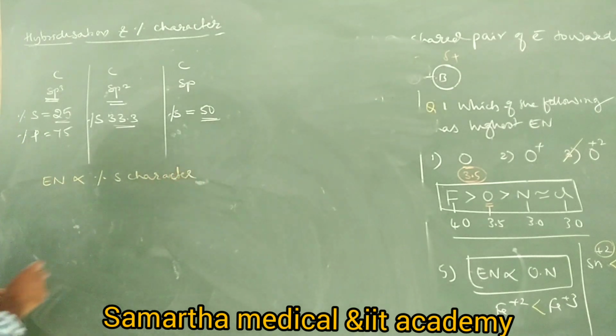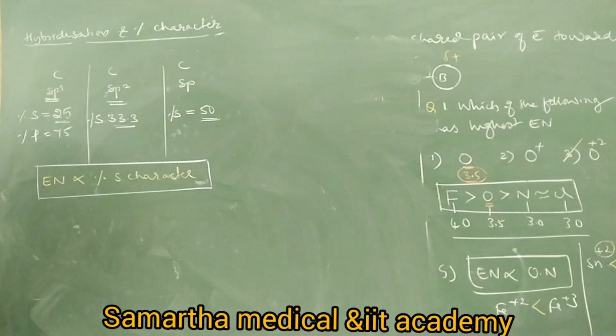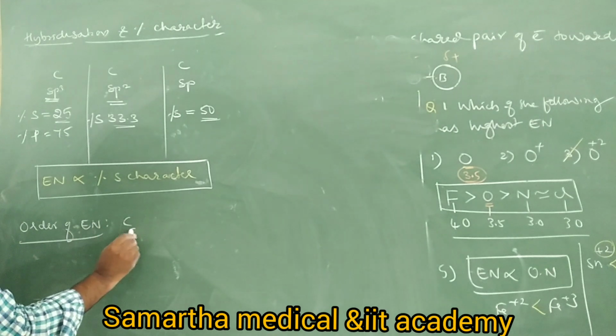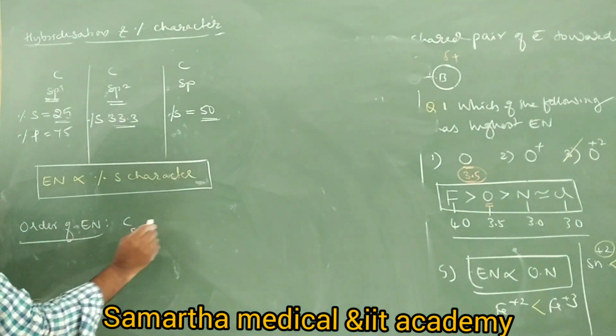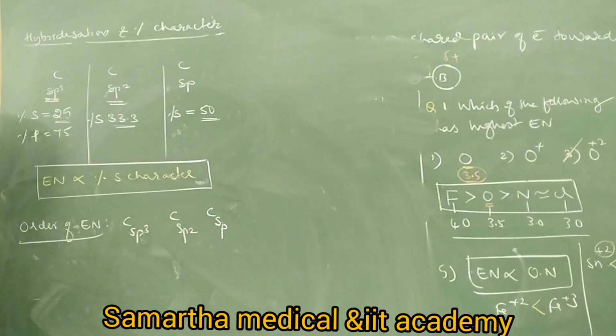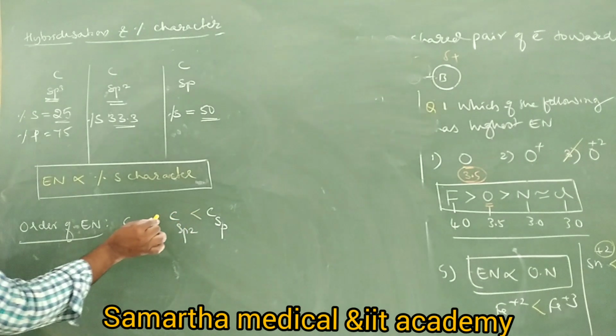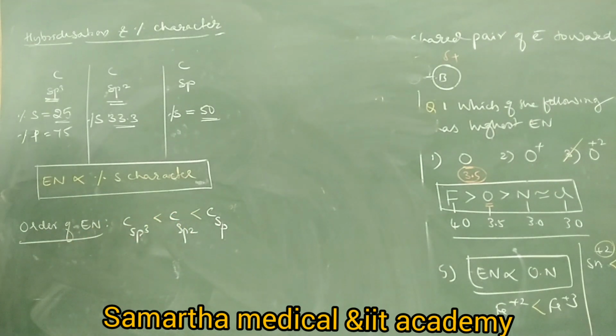Now, for sp3 carbon, sp2 carbon, sp carbon, what is the order of electronegativity? sp is greater than sp2, which is greater than sp3. Sp carbon has more.